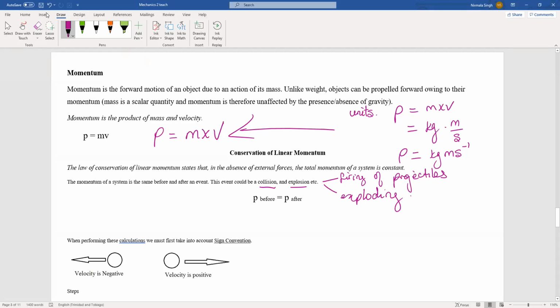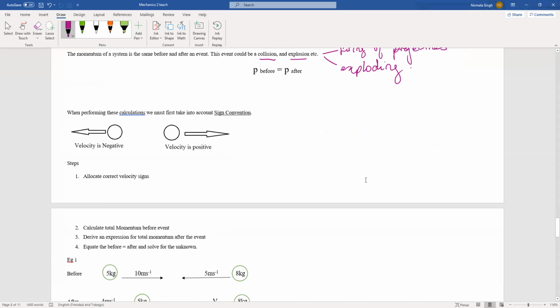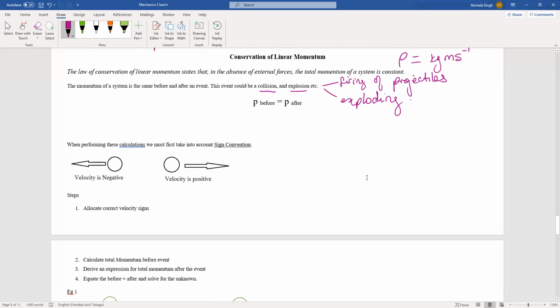So when performing these calculations, we must first take into consideration sign convention. Sign convention is something where everybody in physics decided that we are going to take certain directions into consideration. When an object is traveling from right to left, we take its velocity as negative. This is just to work out the maths because this is a vector quantity.